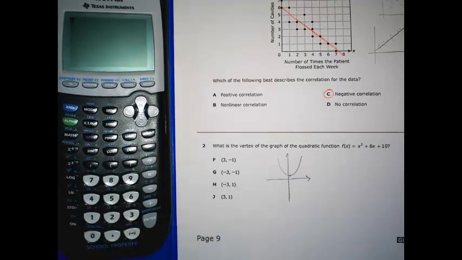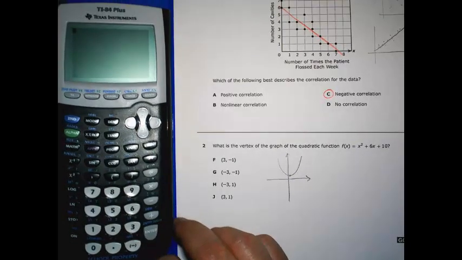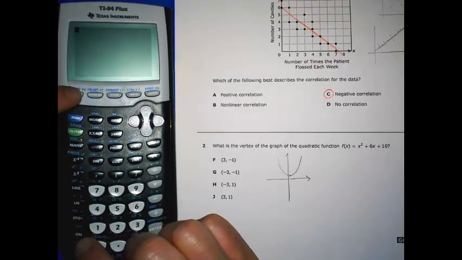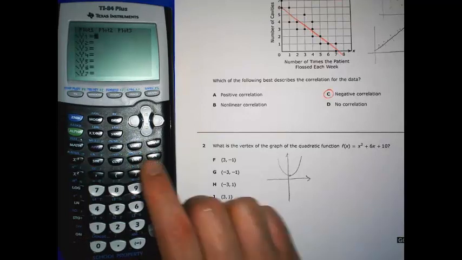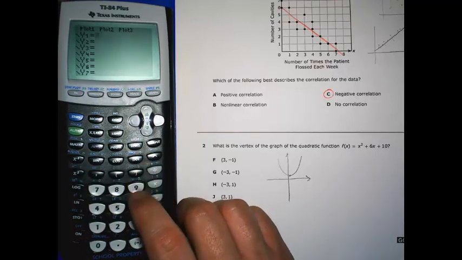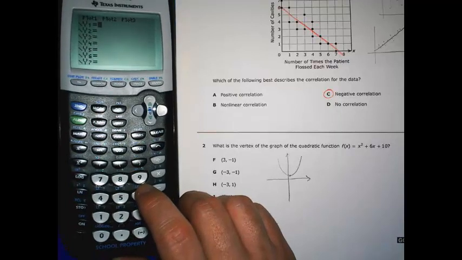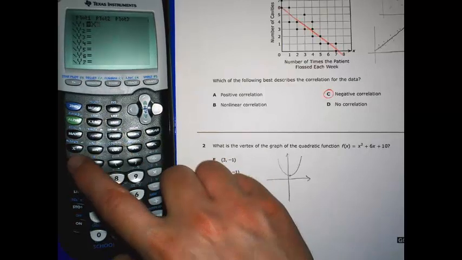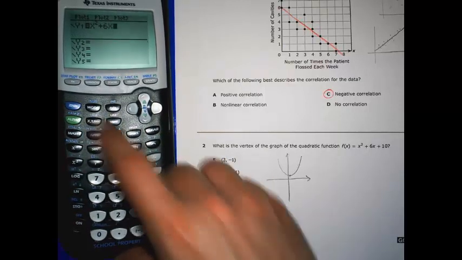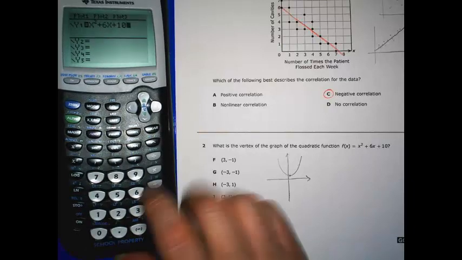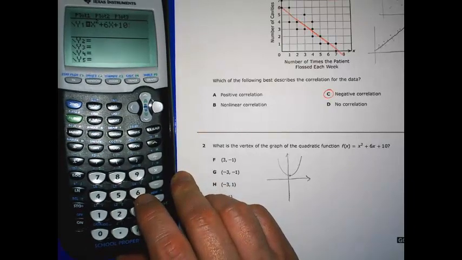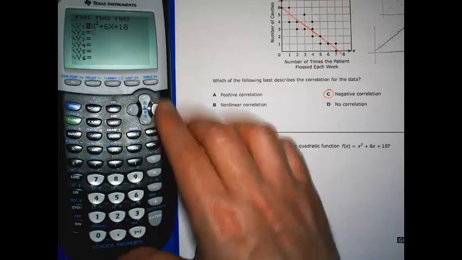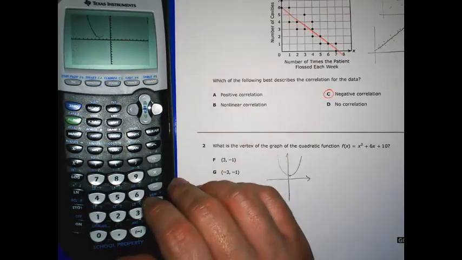Well, this is where your calculator can come and help you. Basically what you're going to do is press the Y button, and we are going to enter that equation, which is x squared plus 6x plus 10, and press enter, and then we press the graph button.